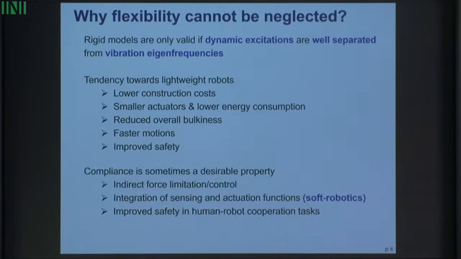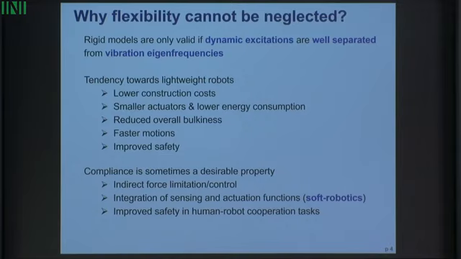But in the robotics community, people also try to put compliance in on purpose. Sometimes it's interesting to have a compliant robot for the following reasons. First, when you have a compliant robot, you have a better capacity to limit the forces that the robot exerts on the environment. Then there is also a strong tendency to develop soft robots.